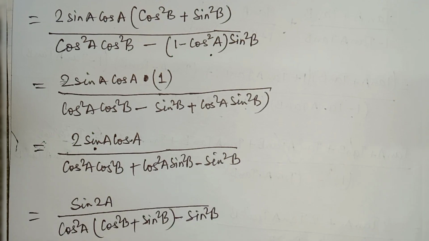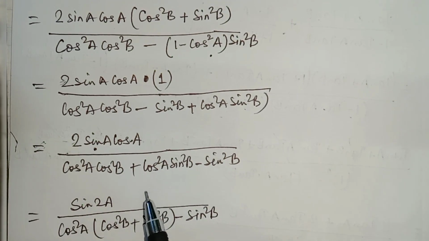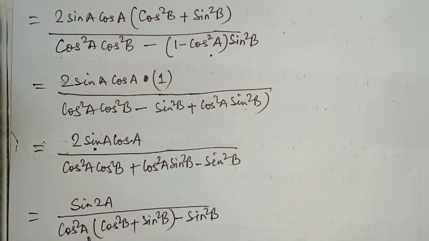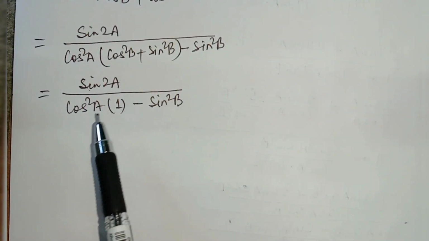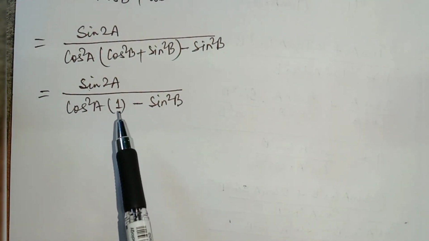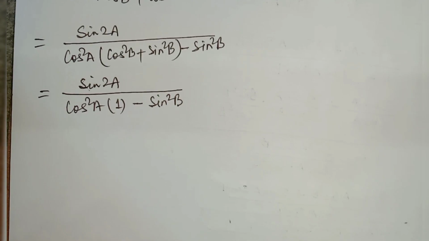Now after taking common you can see that I get sin 2A in the numerator, and in the denominator I have cos square A times (cos square B plus sin square B) minus sin square B. Here we can check in this bracket, this term is going to be 1 as we have sin square theta plus cos square theta. Now this whole thing is going to be 1, so I get cos square A minus sin square B.